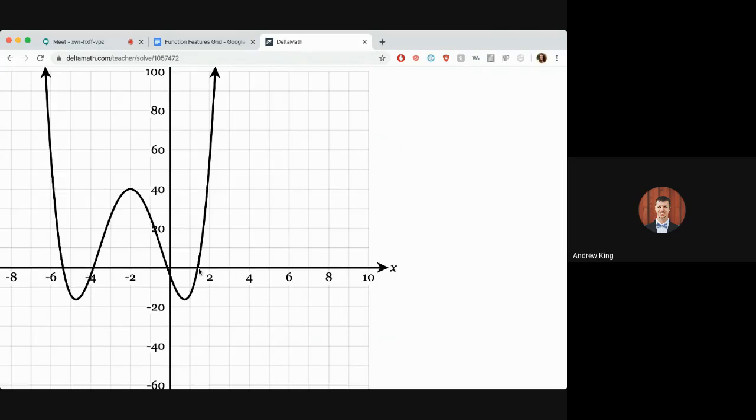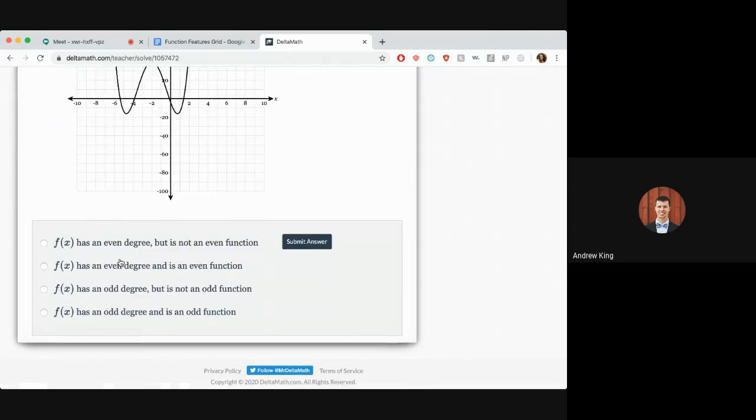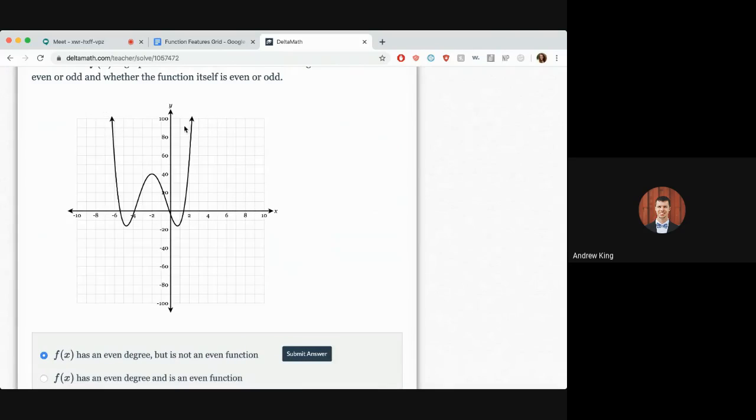If you were to flip that across the y-axis, it'd go right about there, but there's no point to match up with it. So that's an even degree, but it is not an even function. What even function means is, does it have symmetry about the y-axis? Even degree is just talking about the beginning and end behavior.